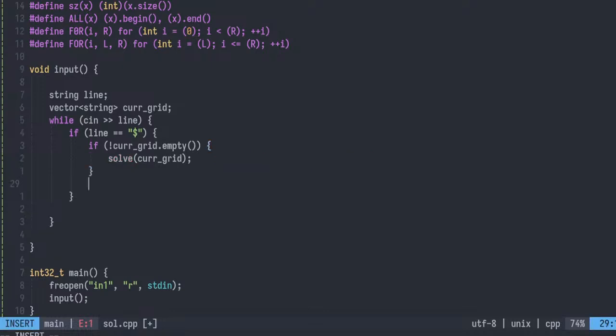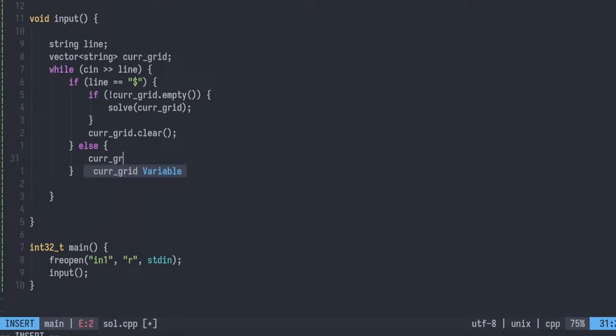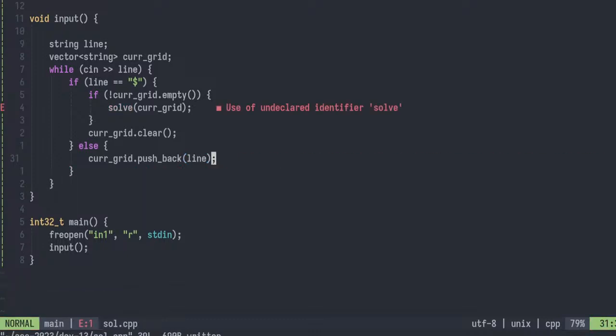And I also need to clear the grid now, else we can simply add those rows in this, right?